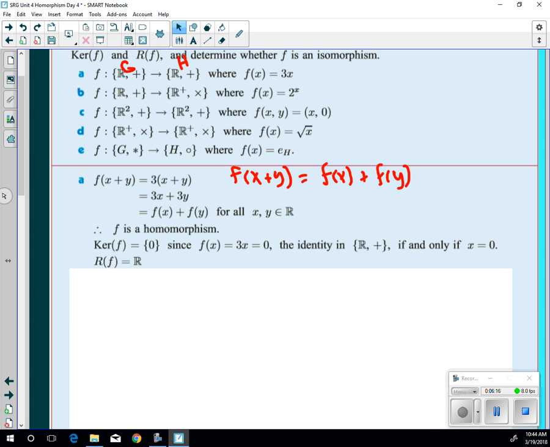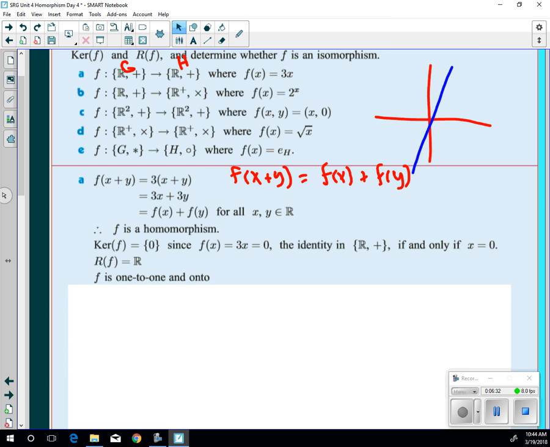Range is all reals. If we draw a graph of 3x, are all the y values represented? So it's all reals. Write that down, and then it's 1 to 1. Does it pass the vertical line test?